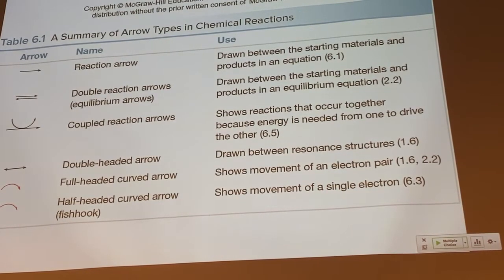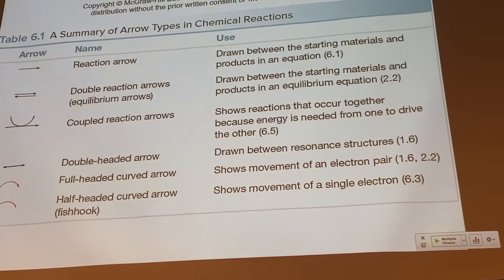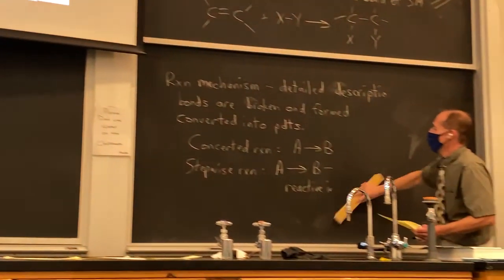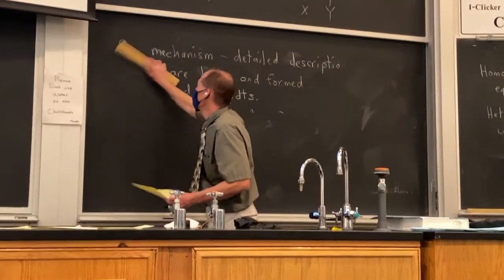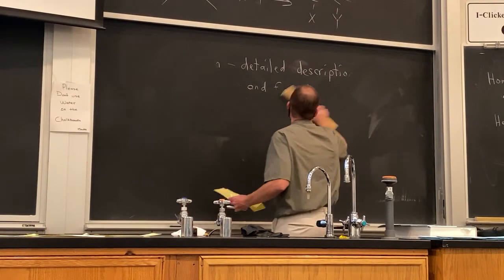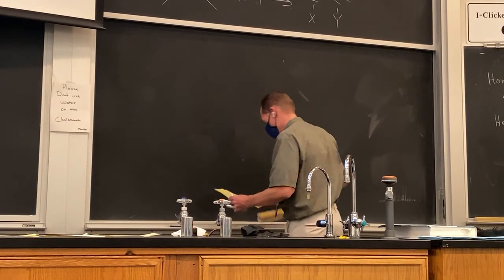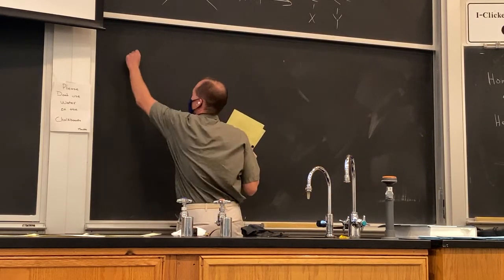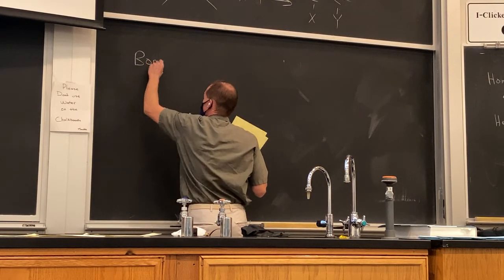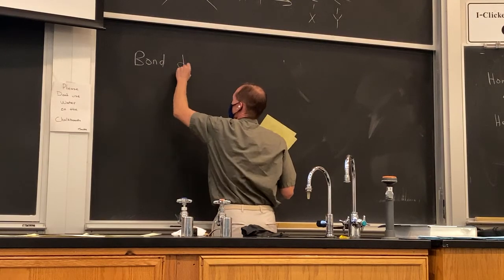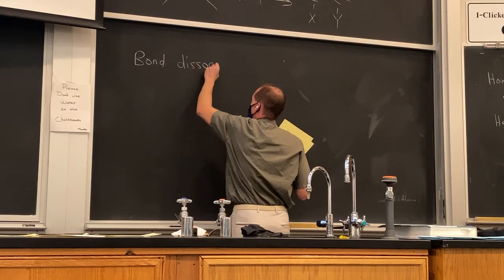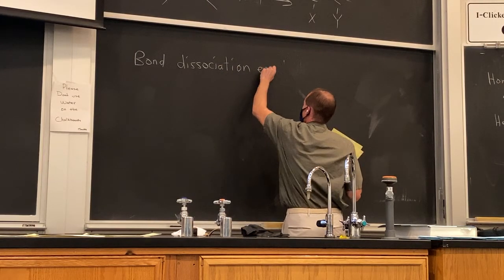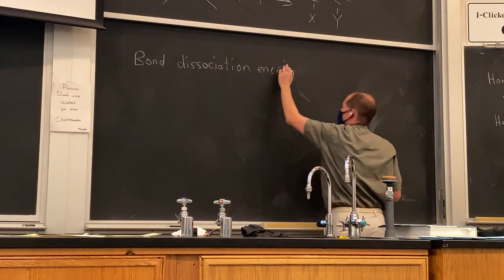Okay, let's talk a little more about how bonds are broken and how we measure the energy that is given off when bonds are broken. So there's a term, bond dissociation energy, okay?